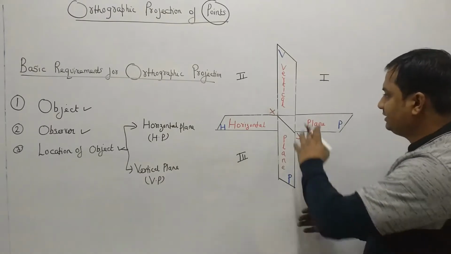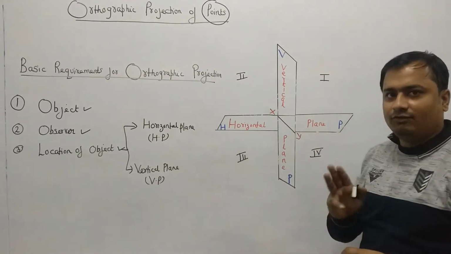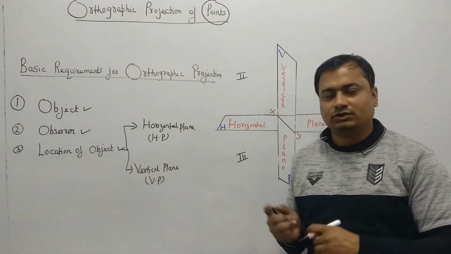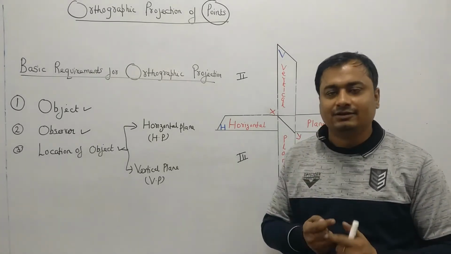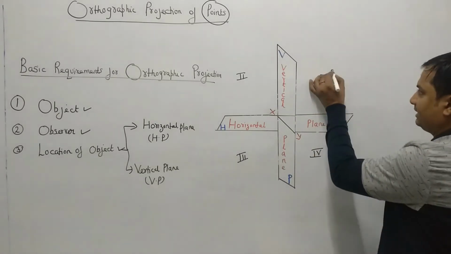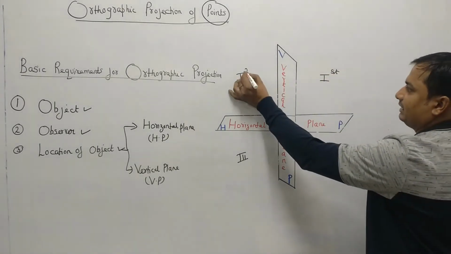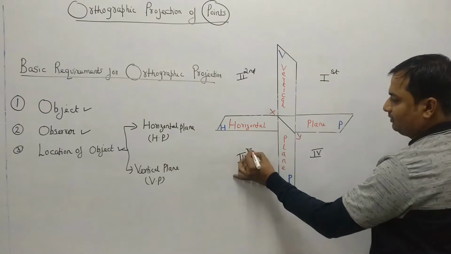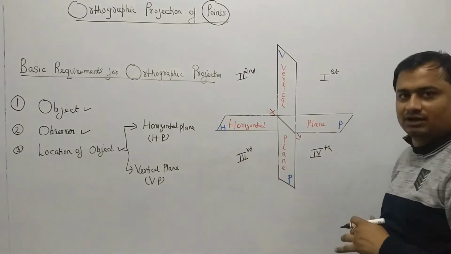So based on this HP and the VP, there are four quadrants in orthographic. The word quadrant is just replaced by angle here, so I will be calling it angle. This is the first angle projection in orthographic. This is the second angle. This is the third, and this is the fourth angle projection in orthographic, right?